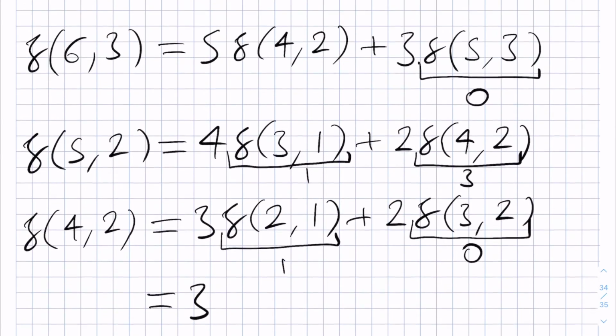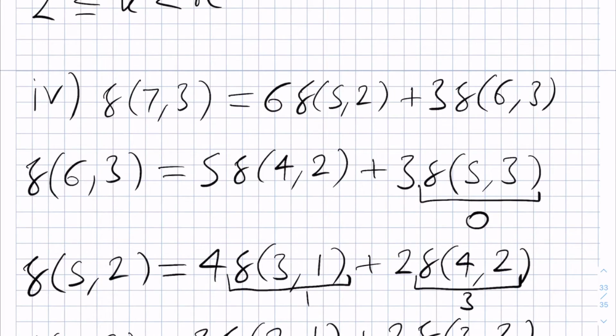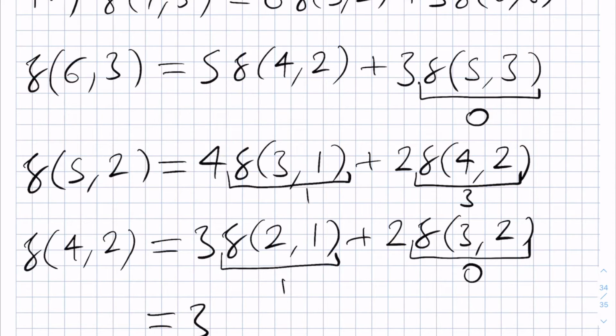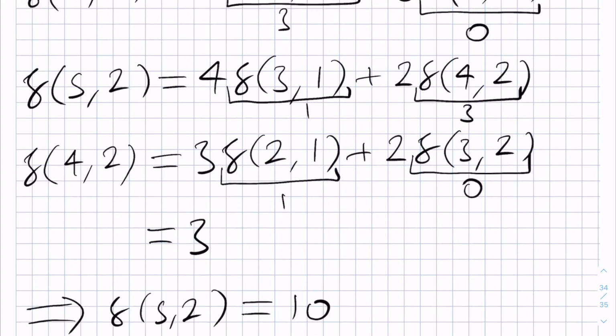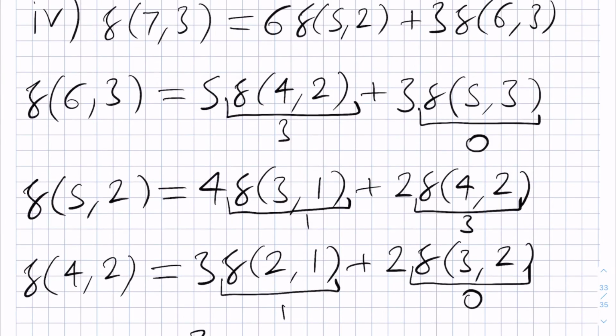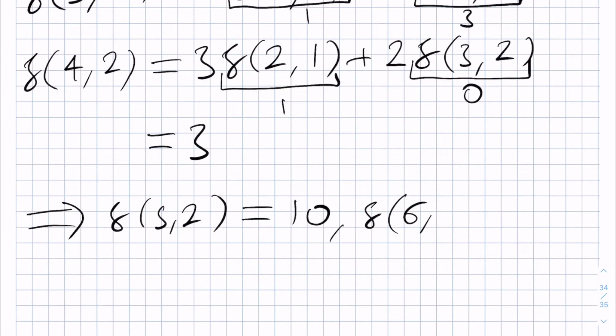And then we use f(5, 2) in here, along with f(6, 3), which, because f(4, 2) is 3, we have a 3 in here. And so f(6, 3) is equal to 15.